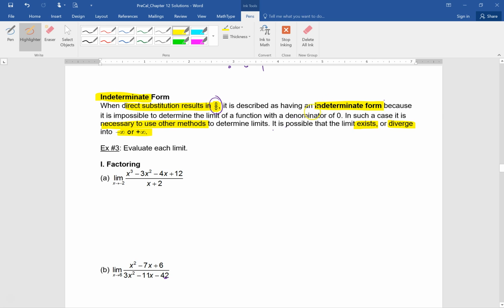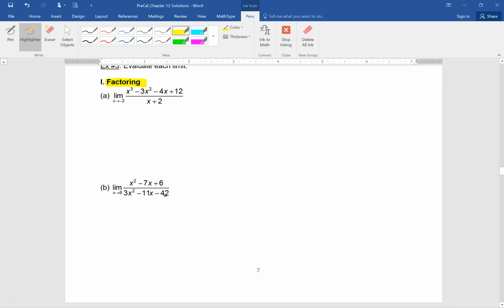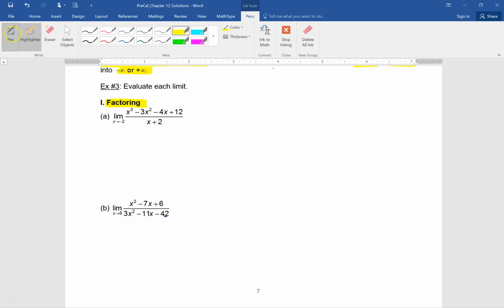That's indeterminate, and there are several things you have to try. One of the things that we do is factoring. How do you know which you're supposed to do? Well, it'll be obvious. Okay, so this one, we need to try to factor. So let's see. The first thing that you do is you plug in negative 2. So let's plug in negative 2.